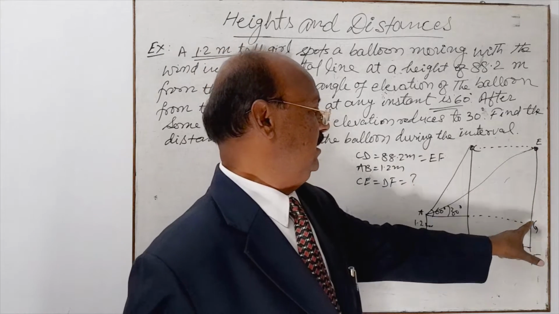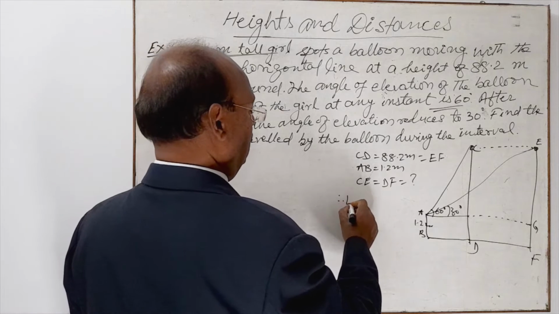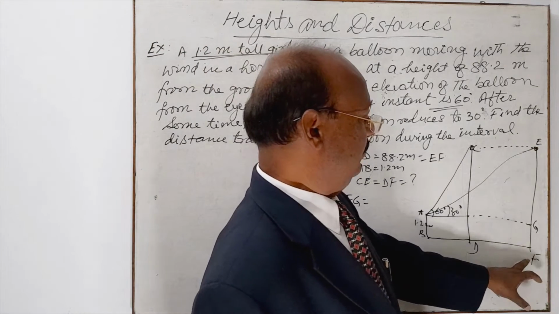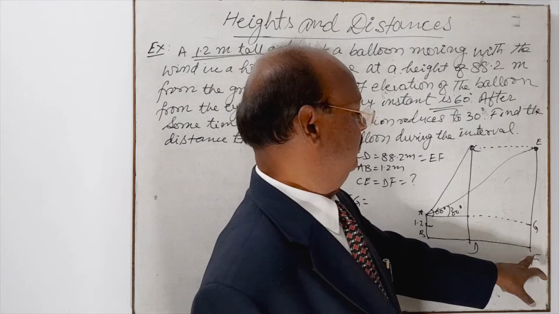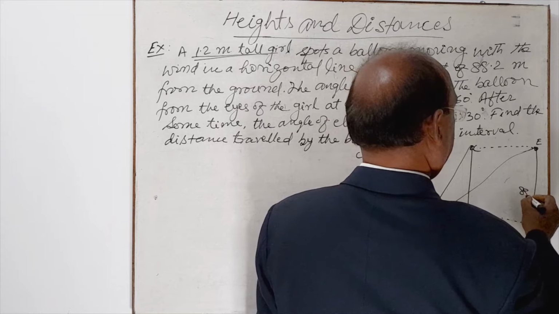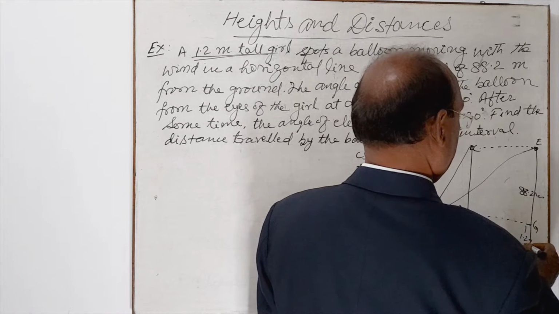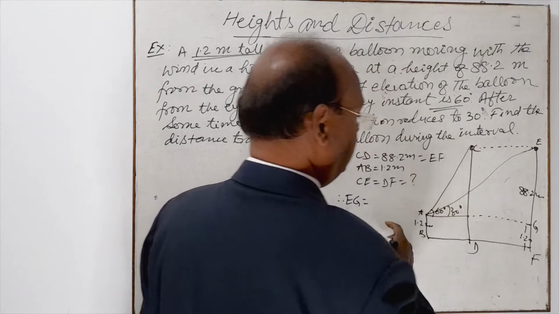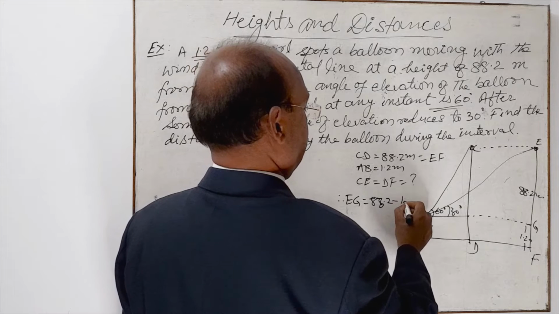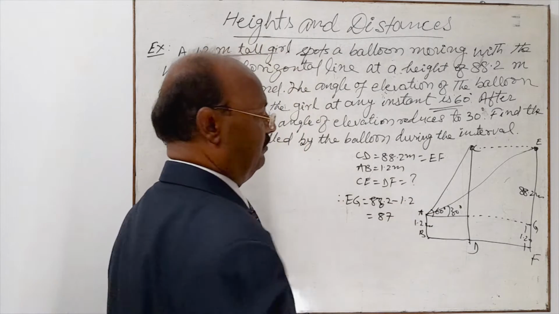So EG will be how much? Therefore EG is equal to EF minus GF. So EF is 88.2 meter and this GF is 1.2 meter. So EG is equal to 88.2 minus 1.2, and this is equal to 87.